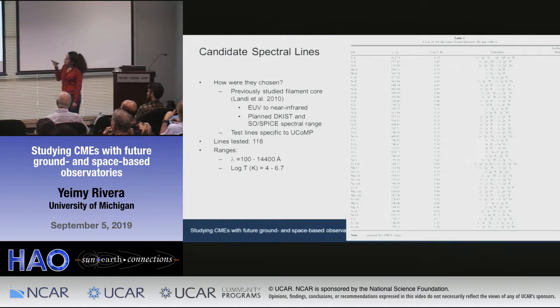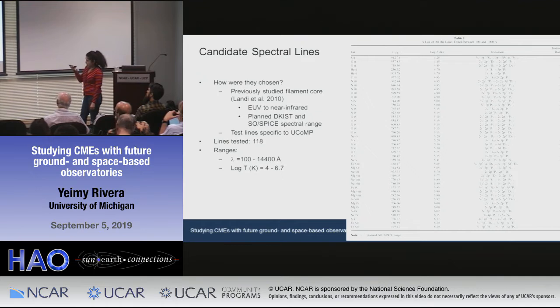So this is one of 3 tables that we included in the paper. There's about a third of the lines, just to give you a sense of what we've included. We have information about the line, but we also have a column that tells you which line is going to be observed by which instrument, which I think is very useful and was very, very tedious to do.